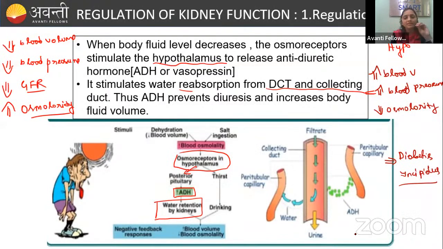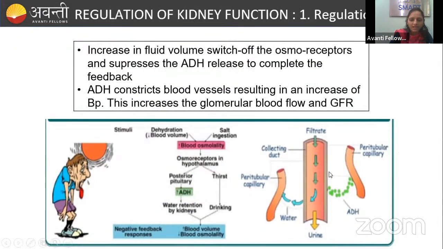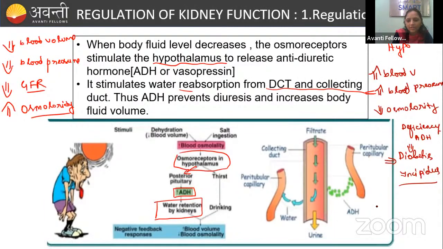But here the deficiency of ADH will lead to diabetes insipidus. Okay, the frequent urination is going to happen, but the urine does not have glucose. In diabetes insipidus, the urine does not have glucose. Okay, remember that. And remember, guys, it will lead to vasoconstriction. This ADH is a vasoconstrictor.